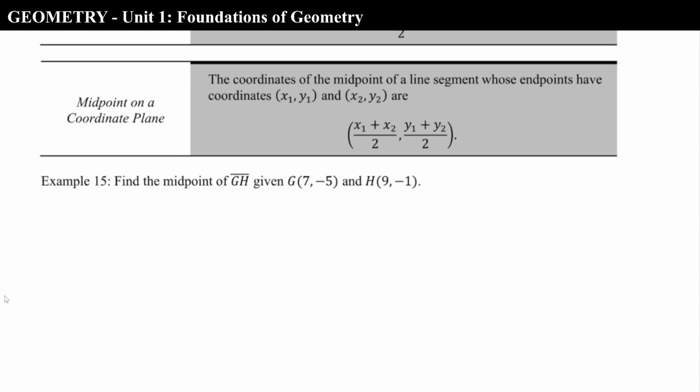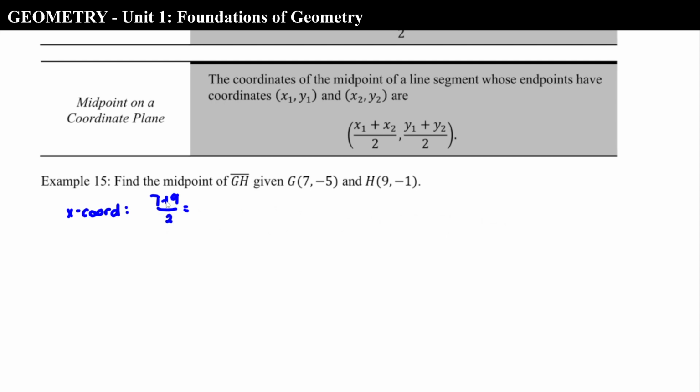So, example 15, we're going to find the midpoint of segment GH if you're given the coordinates for G and the coordinates for H. So, let's start with the x coordinate. For the x coordinate, we have 7 plus 9 over 2.